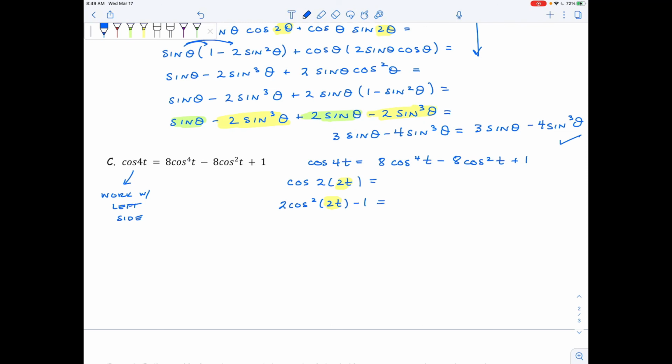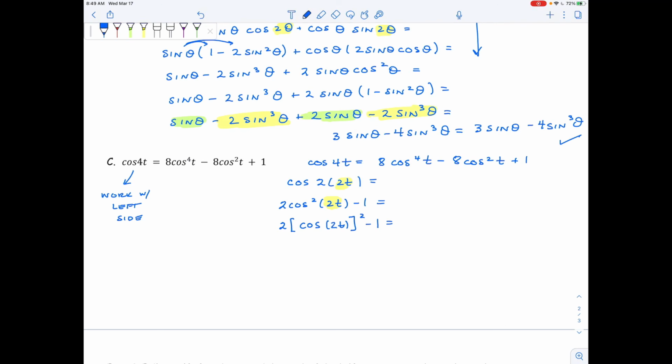So what I'm going to do here is look at this a little bit different way. I'm going to make this 2 times, and actually I'll use a bracket, cosine of 2t quantity squared minus 1. Cosine squared 2t is, whoops, that should be a 2t right here.